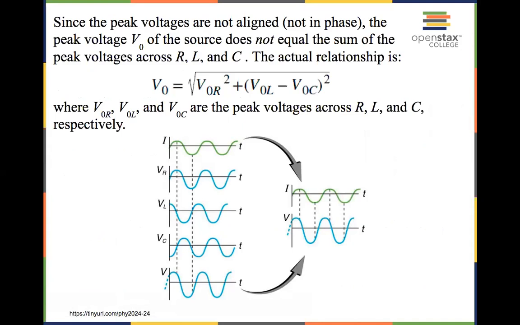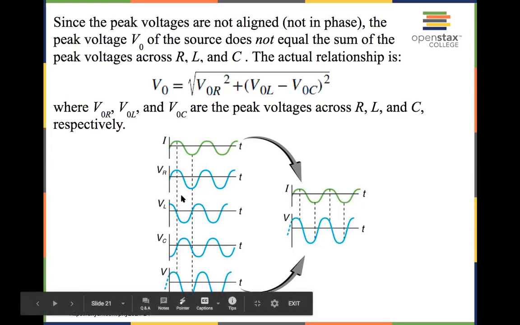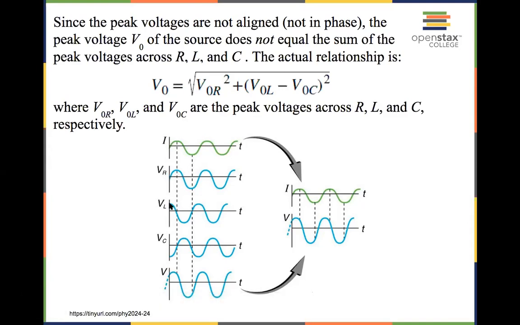If we look at the voltage altogether, we know that for the resistor, the voltage is going to be the same as the power source, in the same phase. Now, for inductors, the voltage leads the current, okay? So for a resistor, the voltage and current are in the same phase.